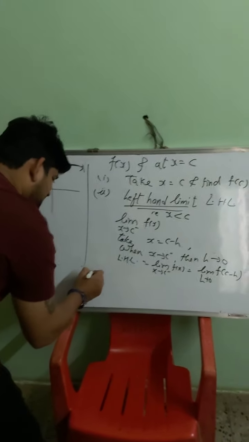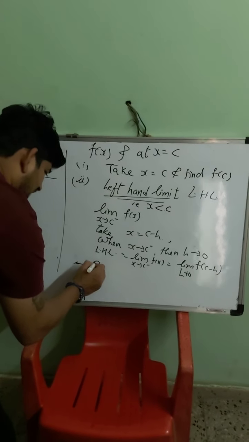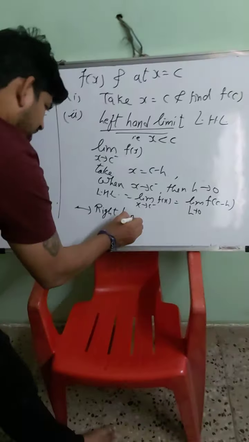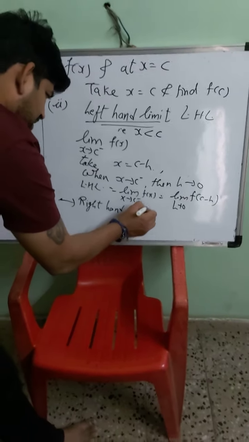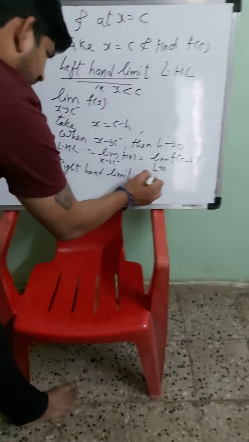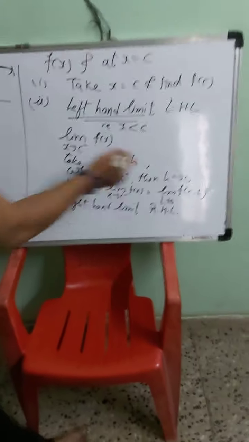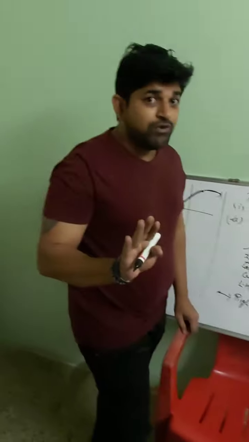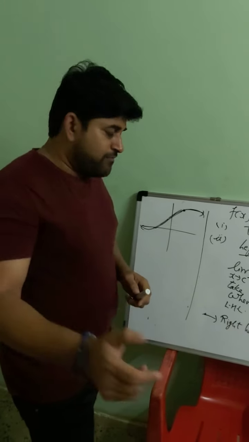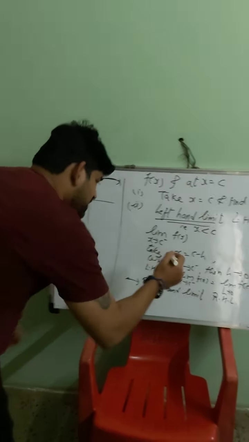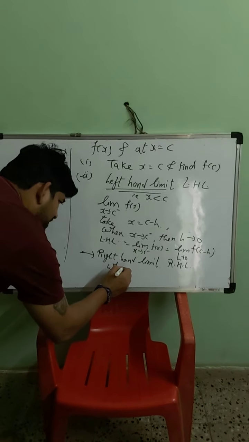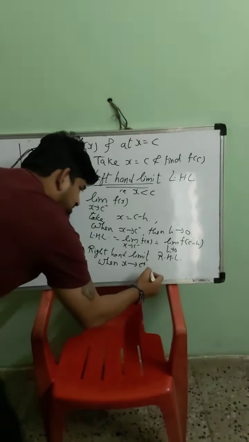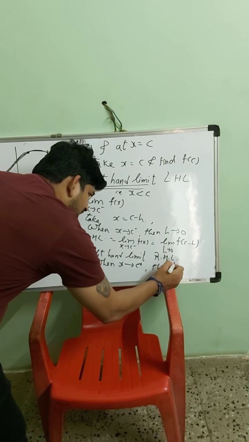Similarly I have to find RHL, that is the right hand limit, in the same way. So what do I have to do for that? When x tends to c plus, then h tends to 0.